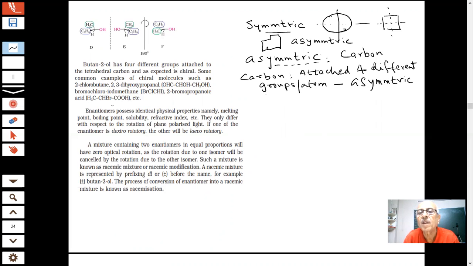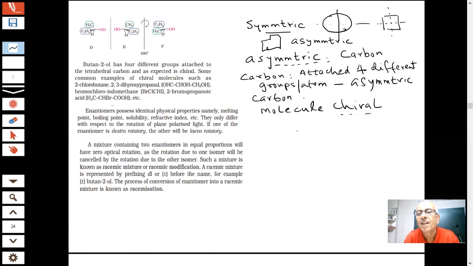And the molecule is called chiral. Chiral means it is asymmetric. It does not have a plane of symmetry.